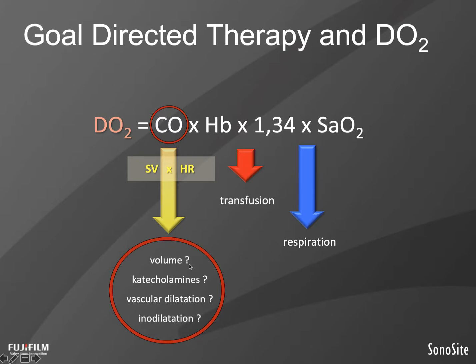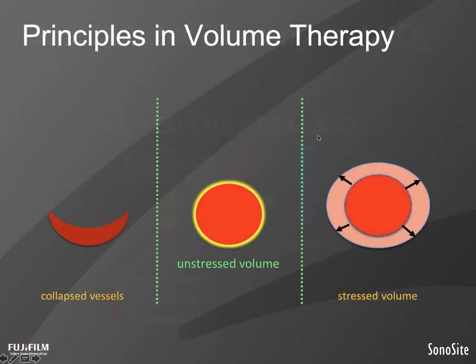Improving these factors is very difficult. In particular, volume status is not very obvious and not easy to assess. Our primary goal is to achieve an unstressed volume status. Lack of volume may result in lesser tissue perfusion, which may lead to renal insufficiency, just as stressed volume isn't beneficial in terms of intestinal perfusion.